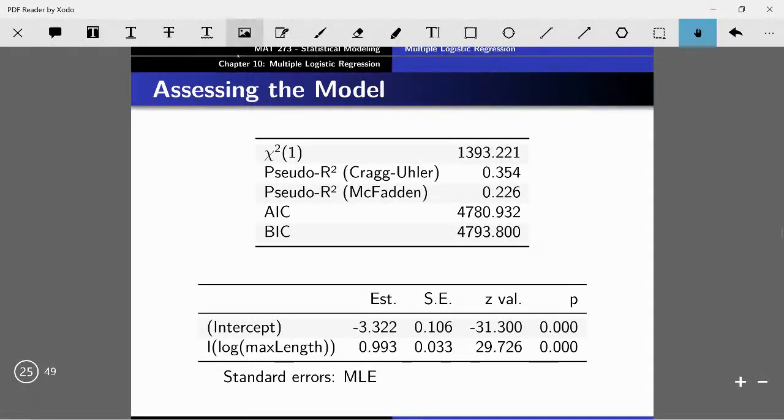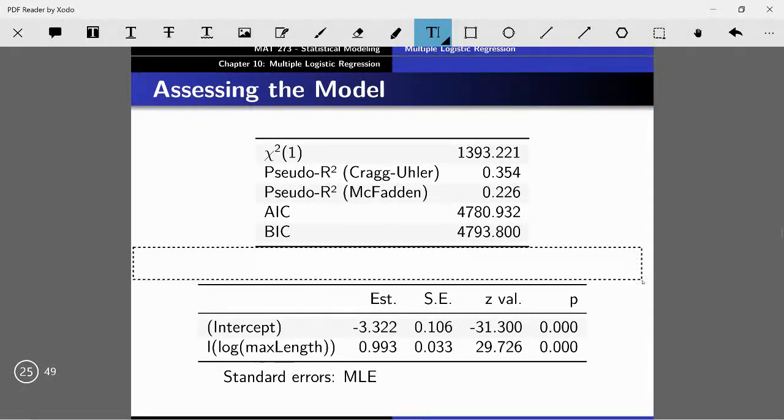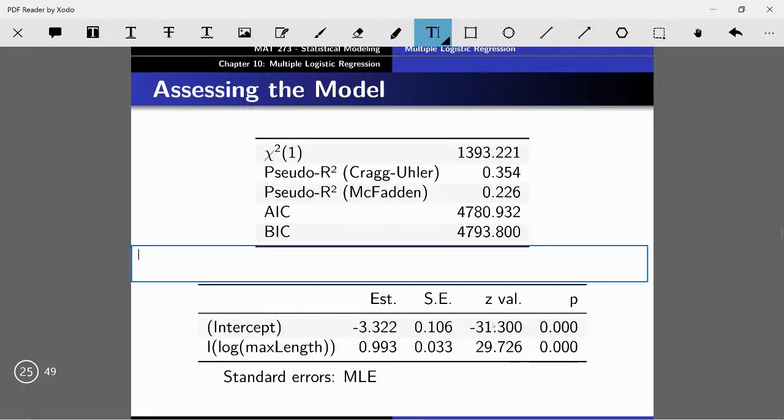I mentioned before you can interpret the intercept term. So here I'll interpret the intercept term for this fitted logistic model. Just like before, we have to exponentiate the estimate.